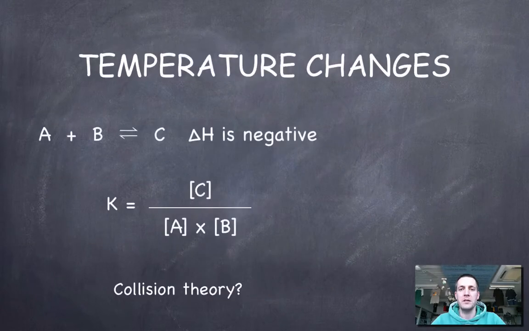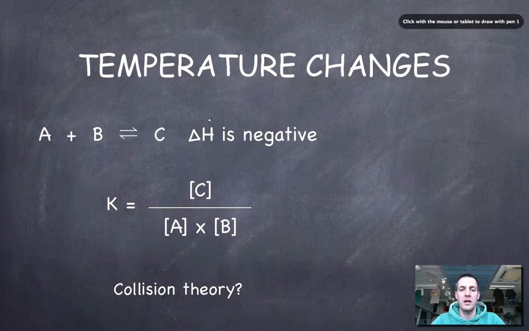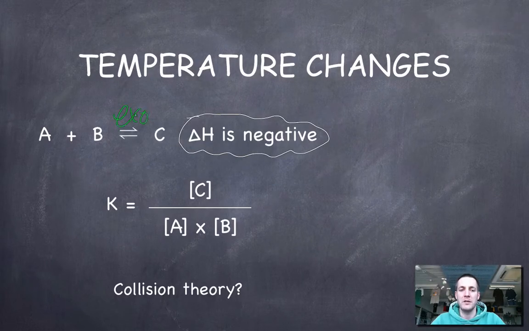Right, let's consider the sort of temperature that an industrial chemist might want to use. And in doing so, let's first of all look at a reaction that has a negative enthalpy change. And we should remember that that means that the forward reaction is exothermic. I'm focusing on the forward reaction here because really this is the one that we want to favour if we want a high yield.